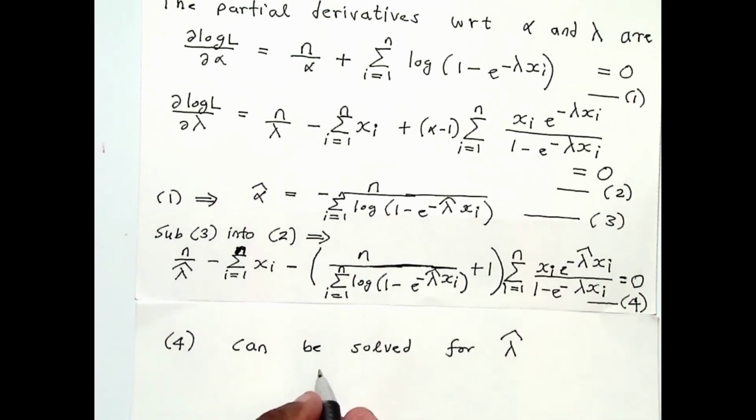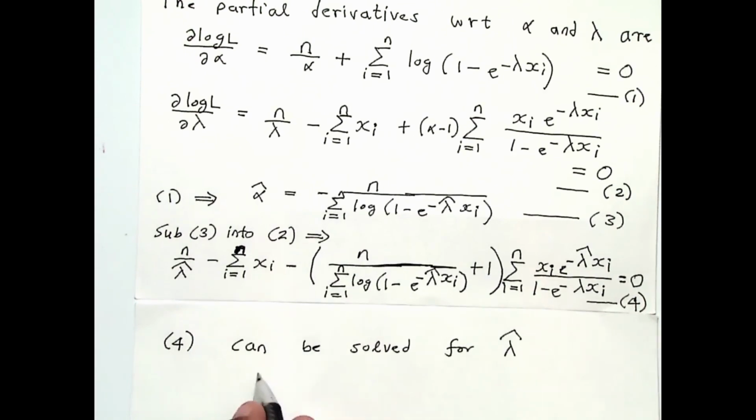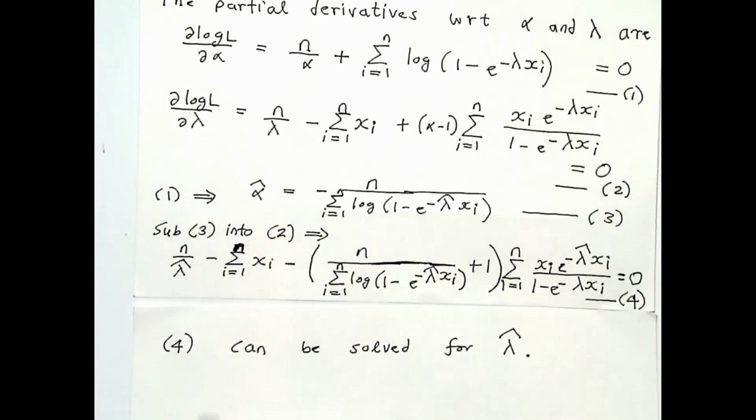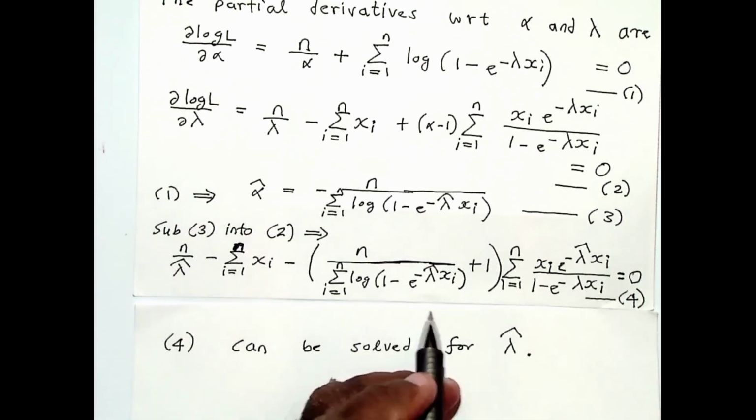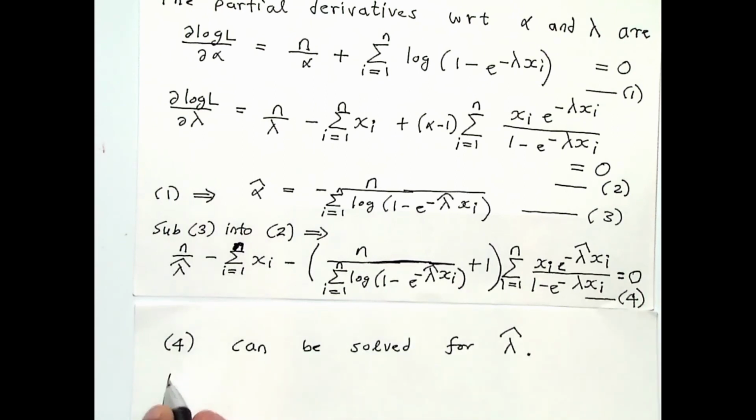Once you get lambda hat as the root of equation 4, use equation 3 to obtain alpha hat. All right, so that completes the last part.